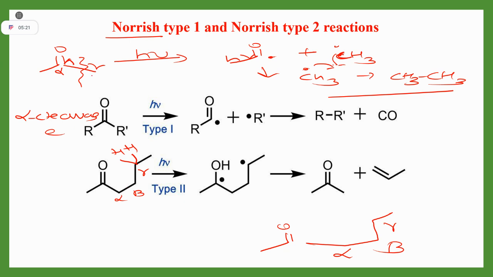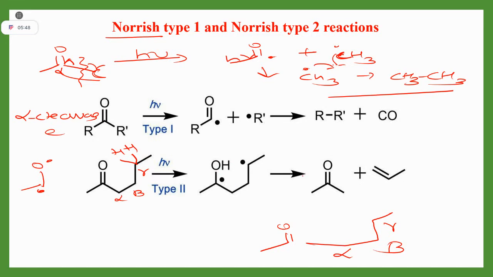Here I was referring to alpha cleavage with respect to this carbon. So in presence of h nu, it can abstract the gamma hydrogen. So when H dot leaves, it leaves a radical here, and this carbonyl can also be written like this: O radical dot radical, and that H radical gets abstracted by this O radical, forming an alcohol, right?